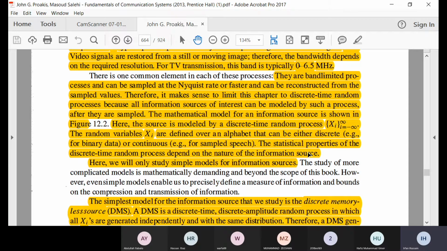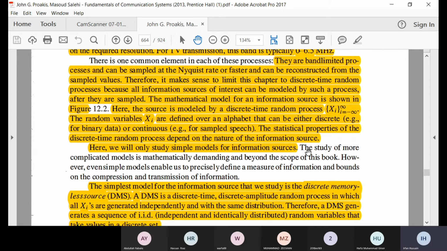So you have a discrete time random process where the amplitudes and time both become discrete. So we will have fixed values, fixed alphabetical values, that the signal would take once it is passed through that process of encoding and all that that we studied in the last chapter, in chapter 7.